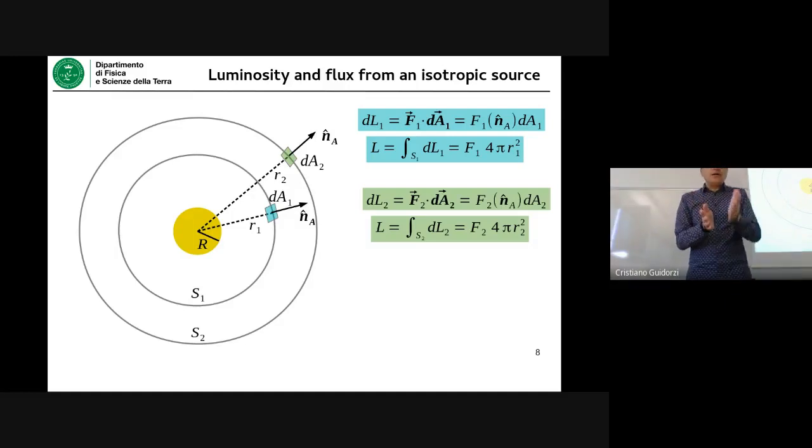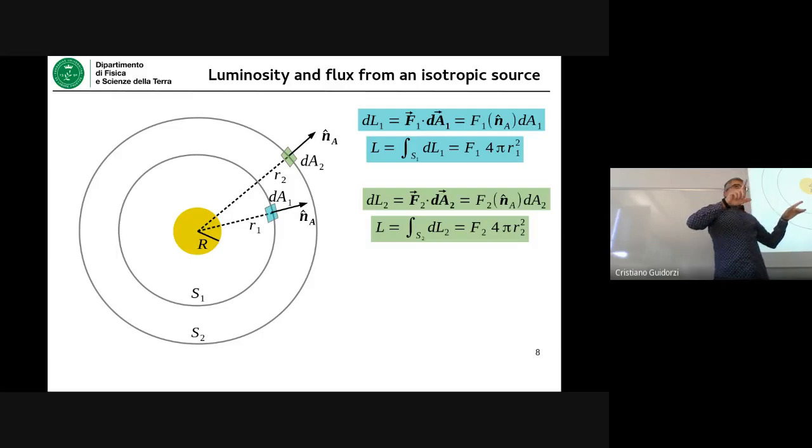Now, you might wonder, how can I know that the two luminosities crossing S1 and crossing S2 are the same? Well, in the case of a stationary source, this is something I didn't say yet, stationary sources means that the central source is emitting energy at a constant rate. So it's not behaving in a weird way.